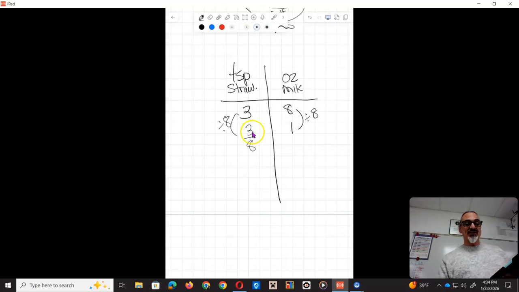See, we're also learning that fractions are just ratios, and if we can calculate equivalent ratios, we can get equivalent fractions. So I told kids right there, that's your answer. 3/8 teaspoons of strawberry for every ounce of milk. Boom, done.